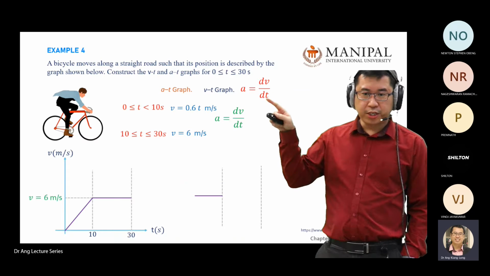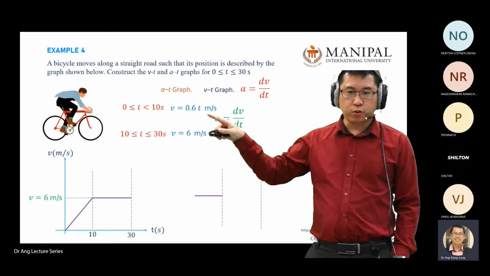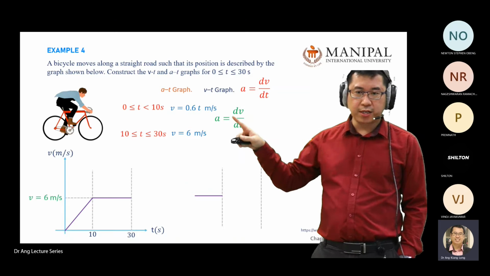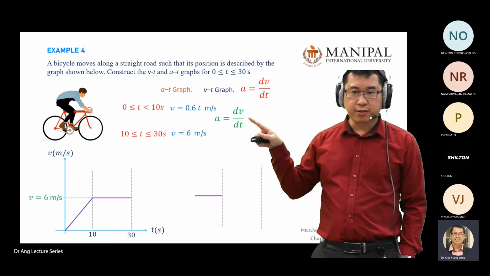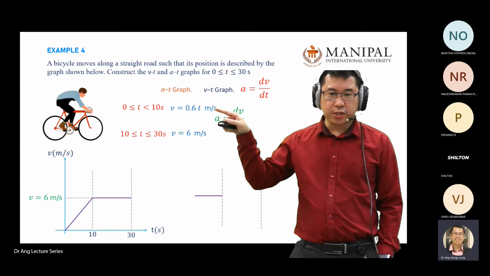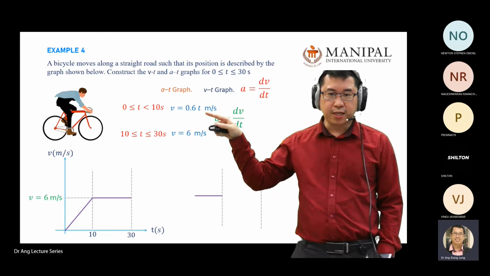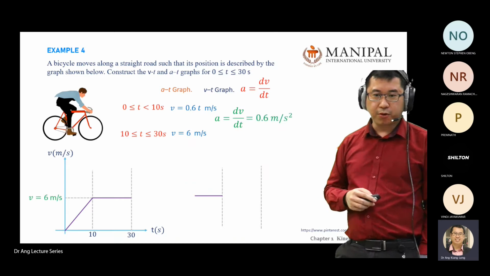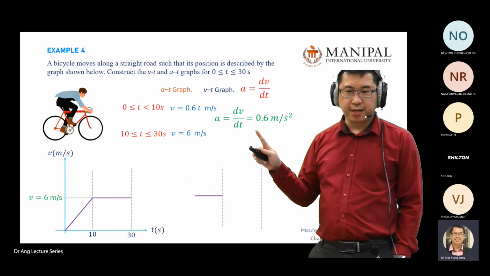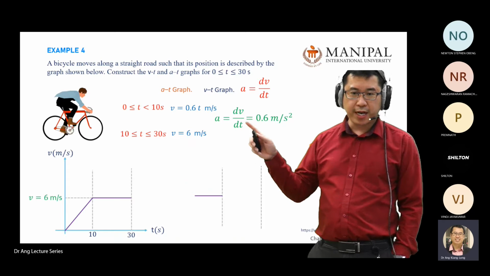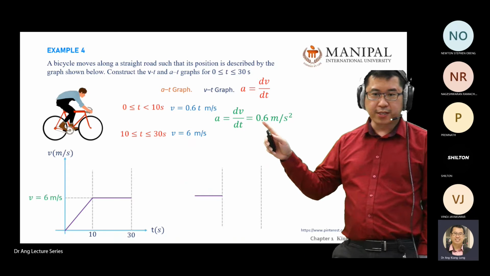You use the definition of acceleration: dV over dt is basically a differentiation procedure. Look at this equation, 0.6 T: you differentiate over T, you will get 0.6 meters per second squared. So if you plot the graph later on, you get A equal to 0.6, basically a straight line.